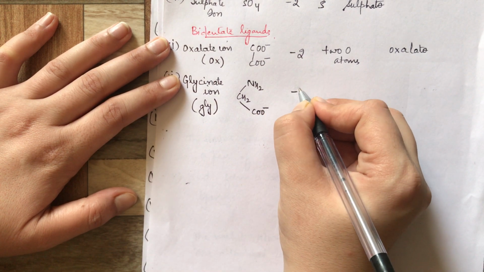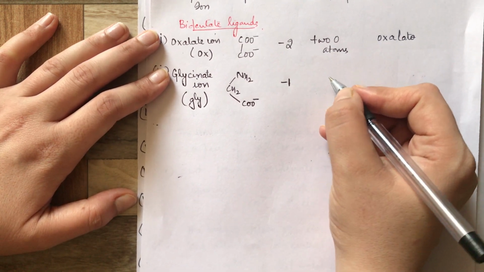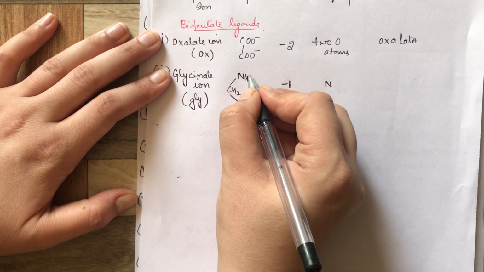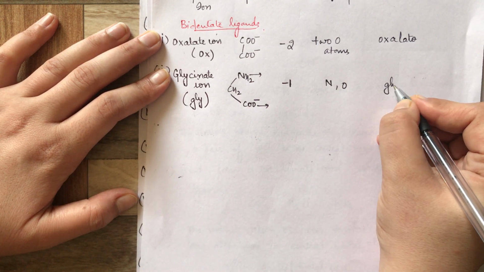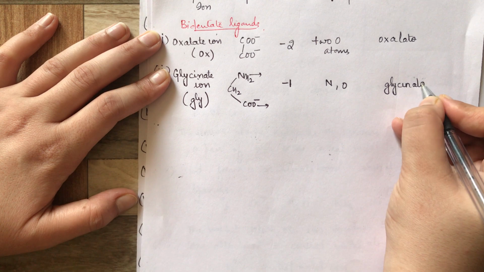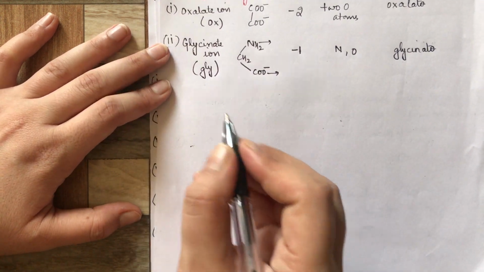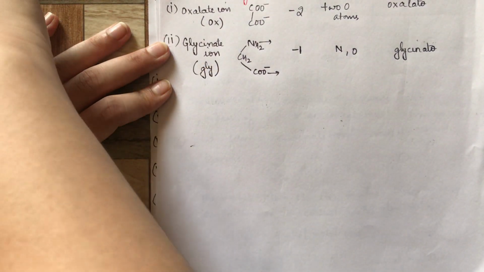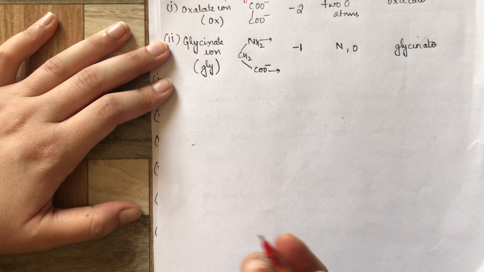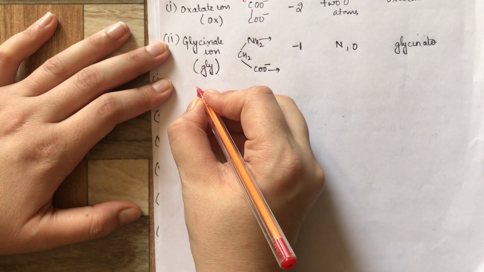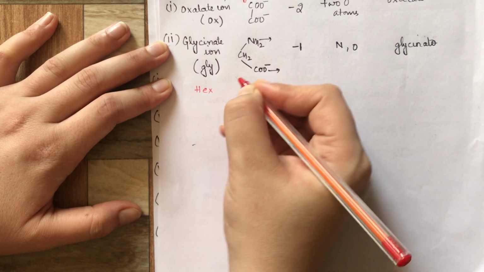Here the charge is minus 1, and what is the donor atom? One nitrogen and the other oxygen, nitrogen and oxygen, and it is called glycinato, right? We are only talking about negatively charged ligands.